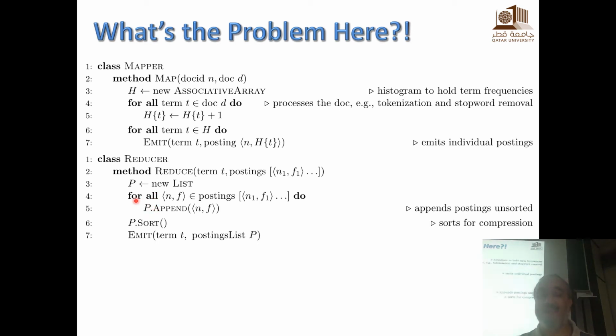Which means that this list has to be where? In memory. So that list is now in memory, and it might not fit in memory, because we are talking about a big collection.